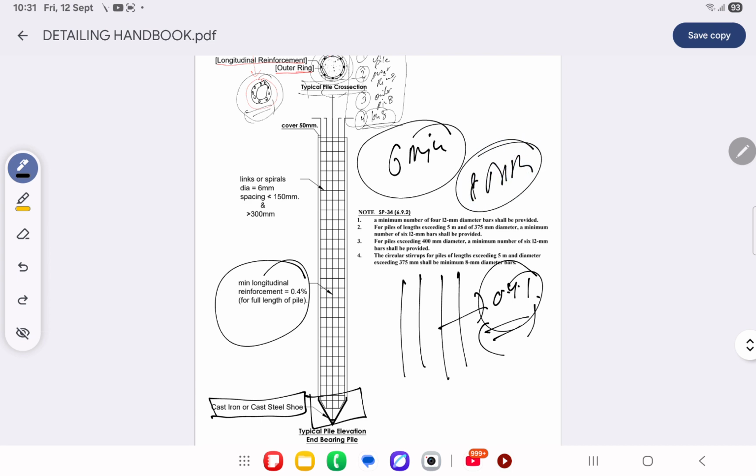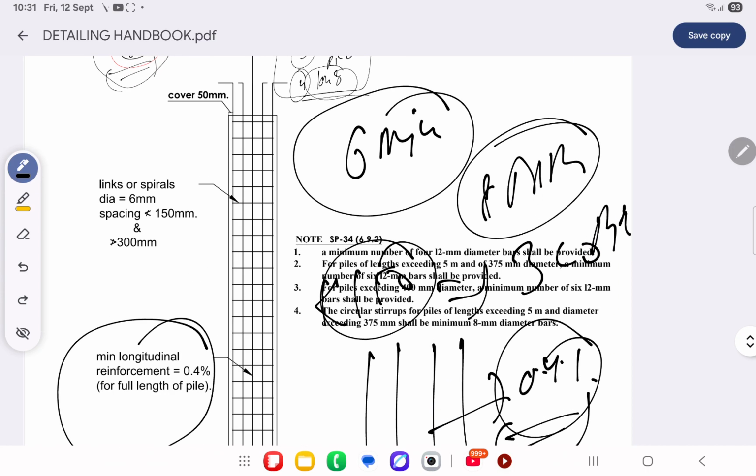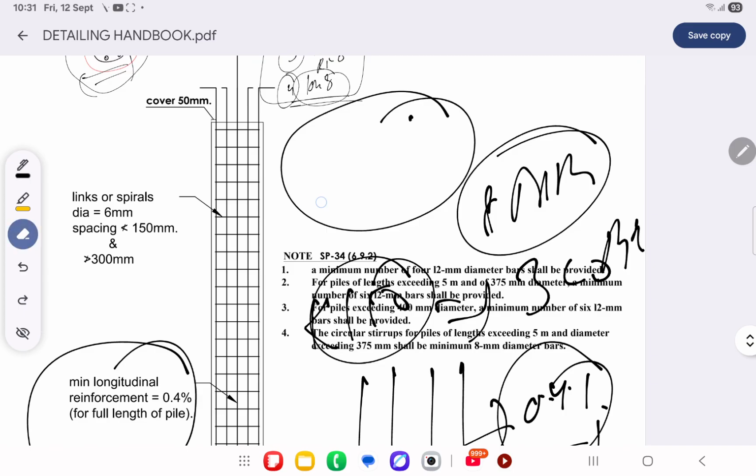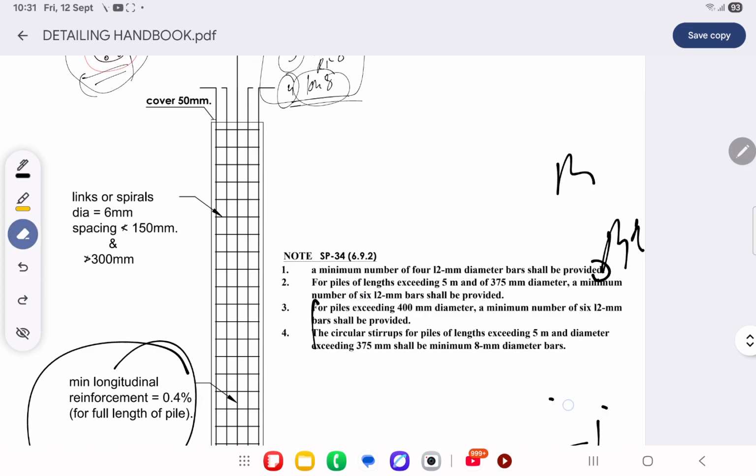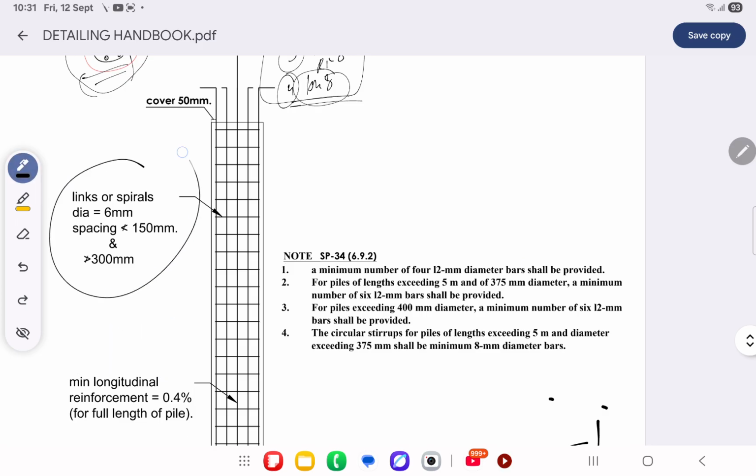And the spacing of the links should not be less than 150 mm and should not be greater than 300 mm.